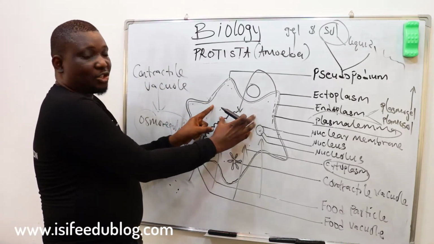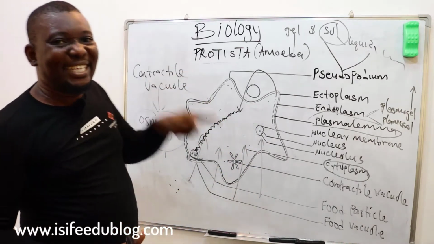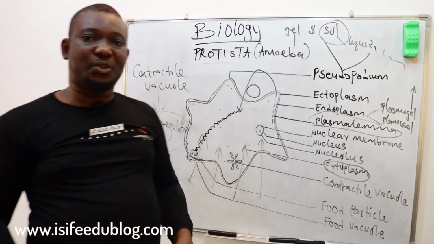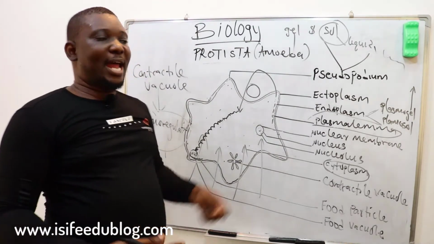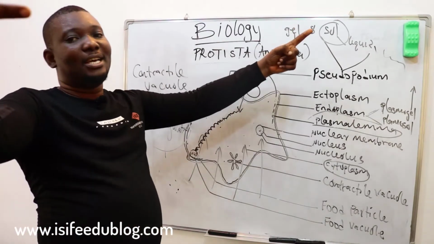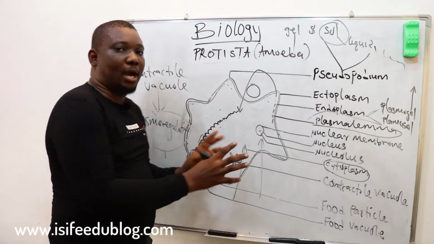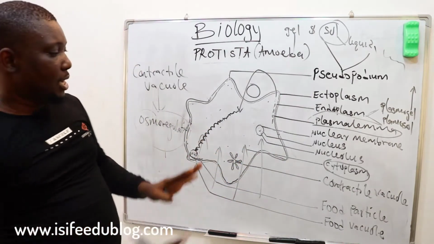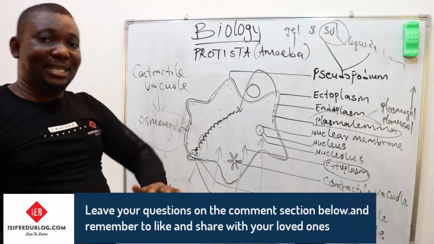So the type of digestion carried out in this organism is what we call intracellular digestion. That means the digestion is done inside the body. Not like in complex organisms like man, where the digestion is extracellular, not inside, but external. But in simple microscopic or unicellular organisms, digestion is intracellular.